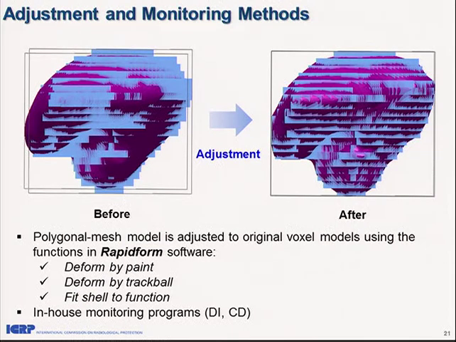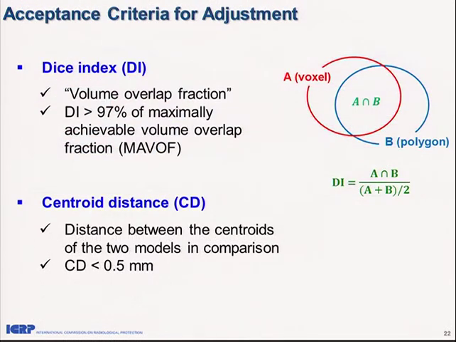We also developed and adopted some adjustment and monitoring methods to adjust our polygon mesh models to the original voxel models, and also developed acceptance criteria for adjustment. We are using two acceptance criteria.